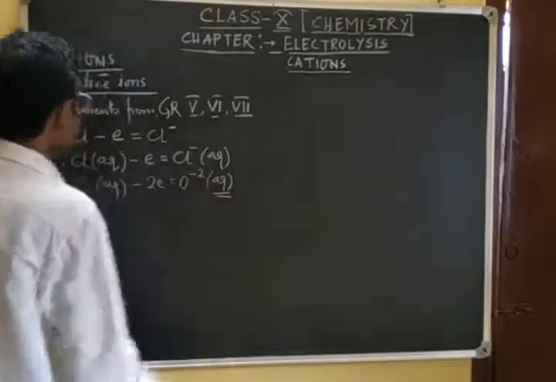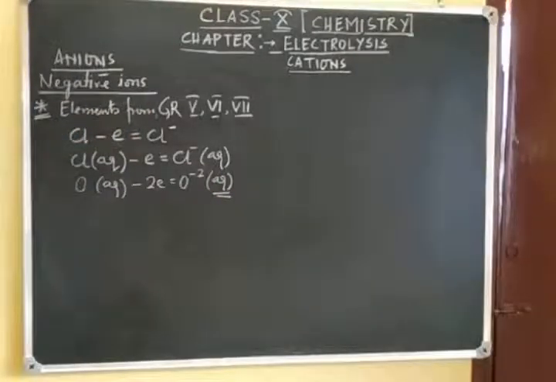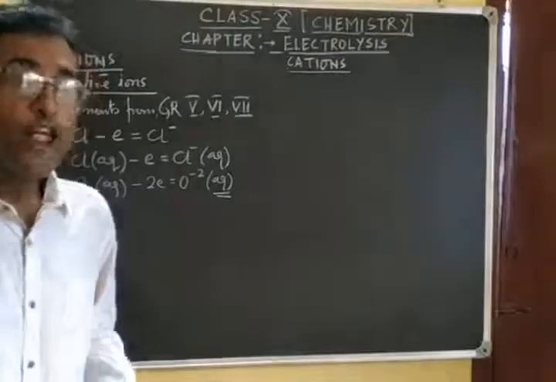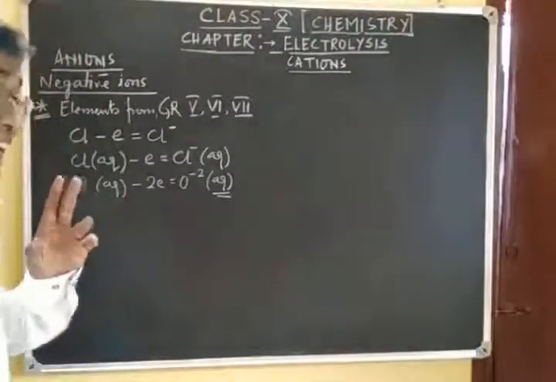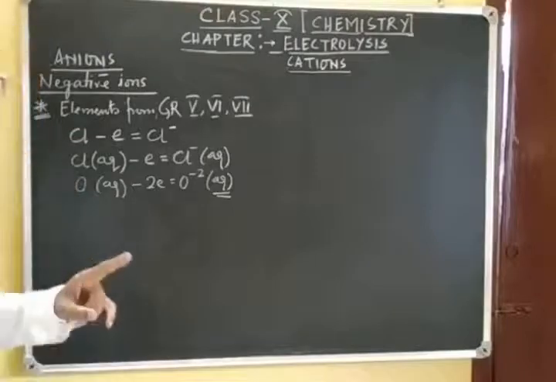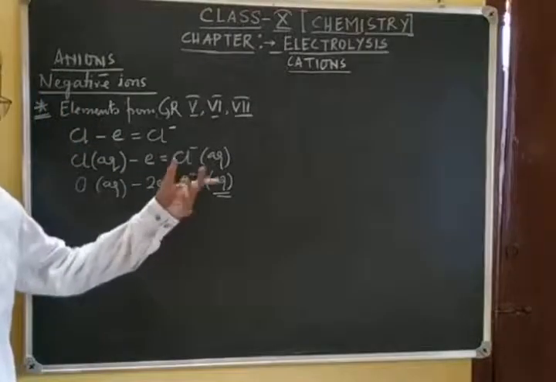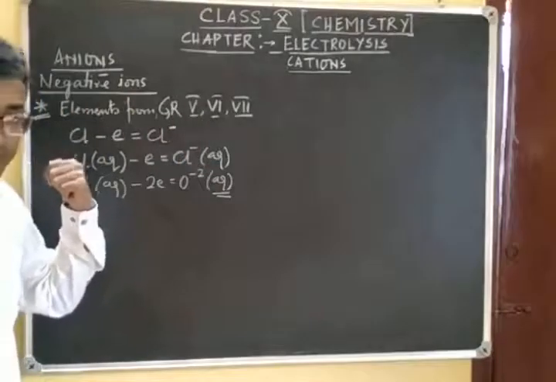These are called anions. Remember, anions are always attracted towards the anode. Anode is the positive terminal. So negative ions are always attracted towards the positive terminal.